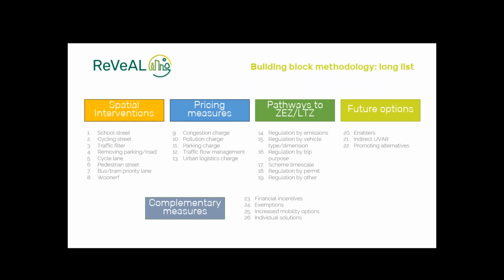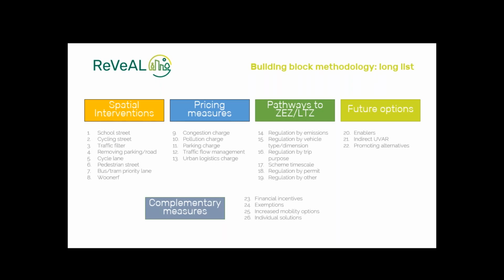And then we have a fifth extra category, the complementary measures, which counteract the often restricting character of our UVAR measures or building blocks.